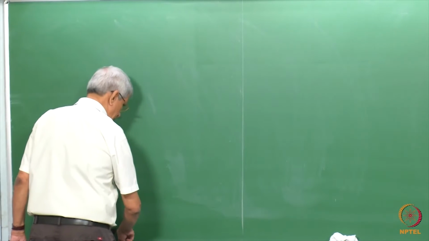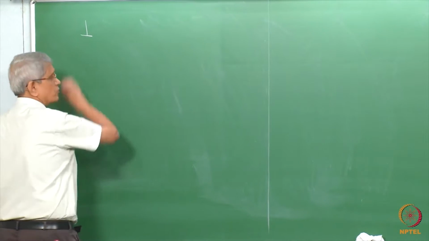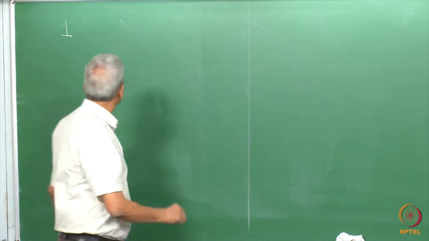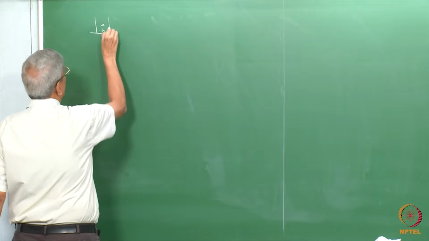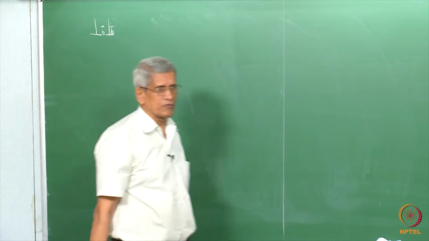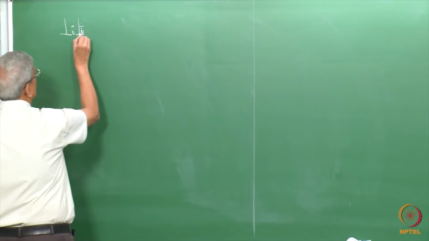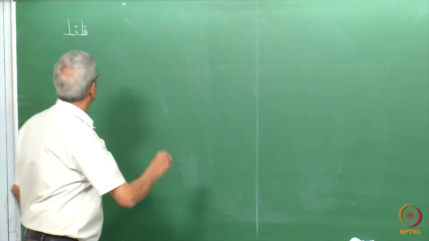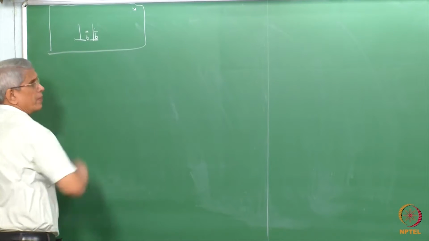Let us assume the case that we have one dislocation, it could be an edge or a screw dislocation, it does not matter, with a Burgers vector b. Then another dislocation is there which is very close to it, with a Burgers vector b. What will be the effect of this dislocation on the stress field in a sample here?